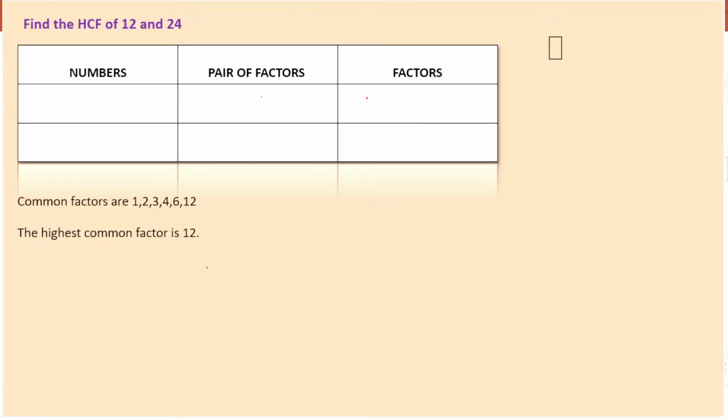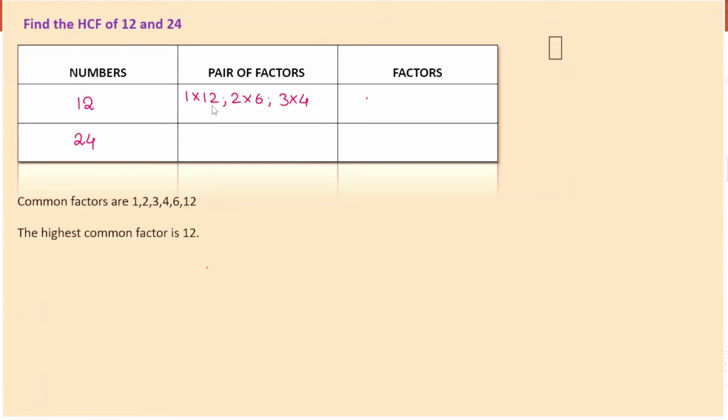Let's find the HCF of 12 and 24. Let's write down the numbers 12 and 24. We are going to find the HCF using the conventional method. What are the pairs of factors of 12? 1 into 12 is 12. 2 into 6 makes 12. 3 into 4 makes 12. Why is it called a pair of factors?